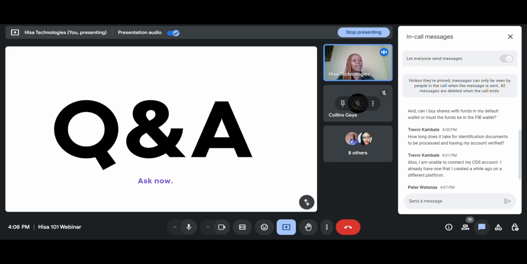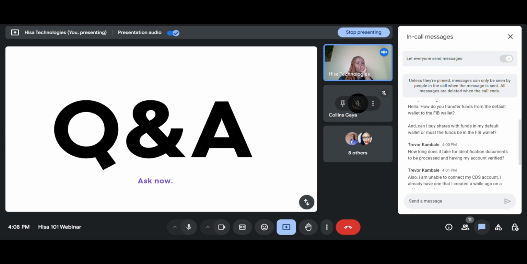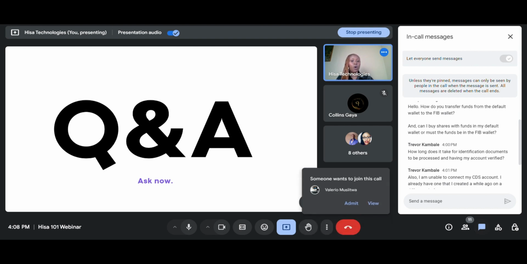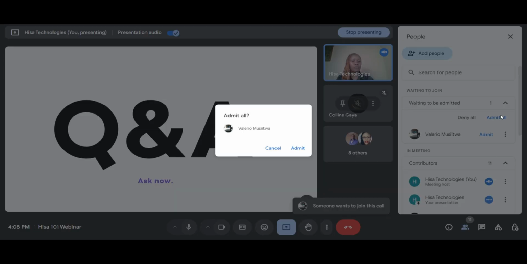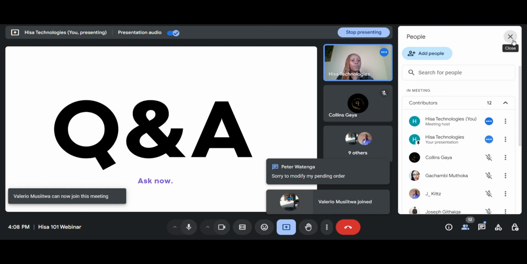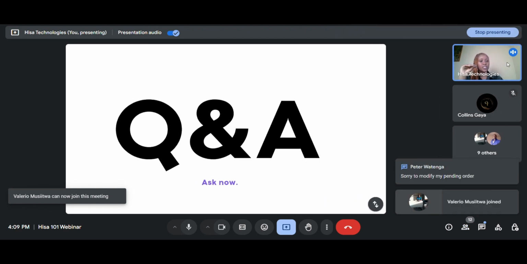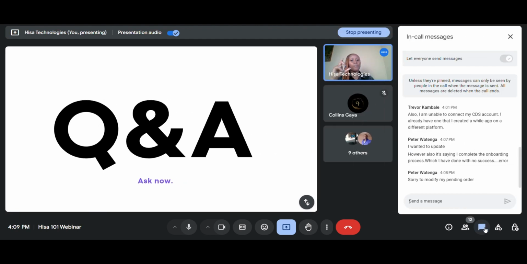Okay, can I buy shares with funds in my default wallet, or must I transfer the funds to the FIB wallet? So last week we had a session on understanding the wallets, but I can give you a summary. Each wallet serves a different purpose. The default wallet and USD wallet are both for investing in US stocks.